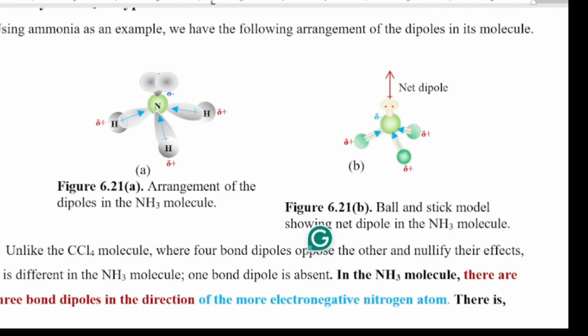The net result is a shift of the electron clouds away from the hydrogen atoms towards the nitrogen atom. Each of the hydrogen atoms acquires a small positive charge, and the nitrogen atom acquires a small negative charge. The molecule is thus polar. So this molecule here as a whole is a polar molecule.